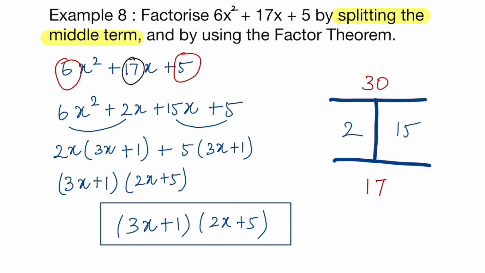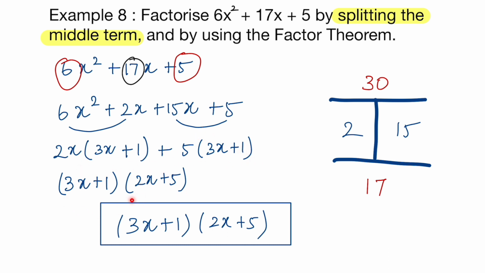So you are splitting the 17x as 2x and 15x, and with that you are going to take the common factors out. In the first two terms, 2x is a common factor, so you take that out, which leaves you with 3x plus 1. In the last two terms, you have 5 as a common factor. When you take that out, you are left with 3x plus 1. And 3x plus 1 remains as a common factor in both these terms.